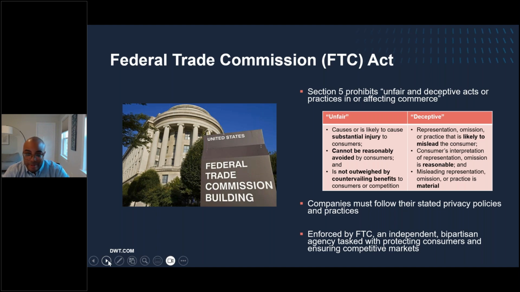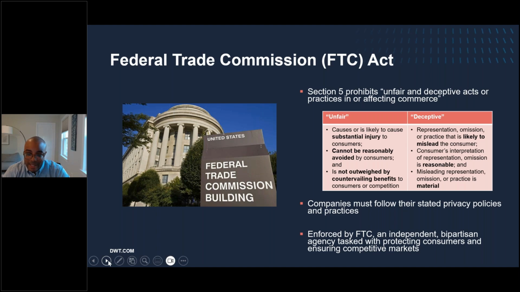In particular, Section 5 prohibits unfair or deceptive acts or practices in or affecting commerce. So the idea is, if a business or person is engaging in activity that is likely to cause injury to consumers or likely to mislead consumers, the government doesn't want to facilitate that type of activity, and so has prohibited it.